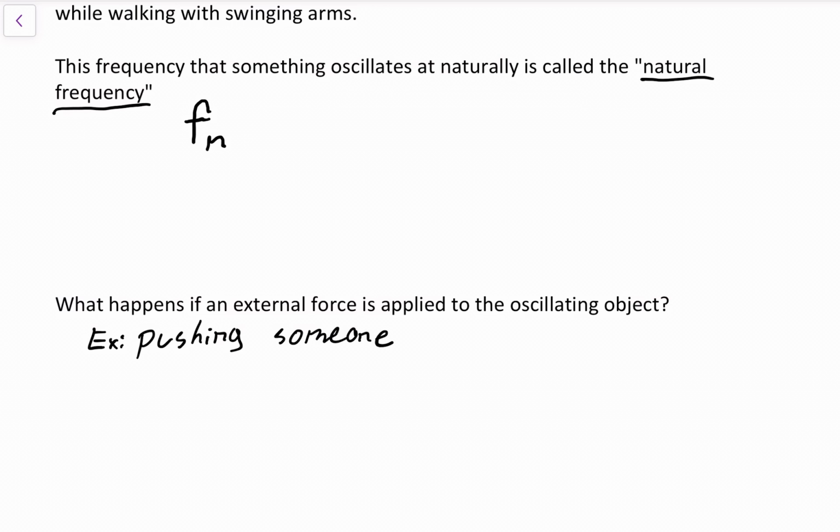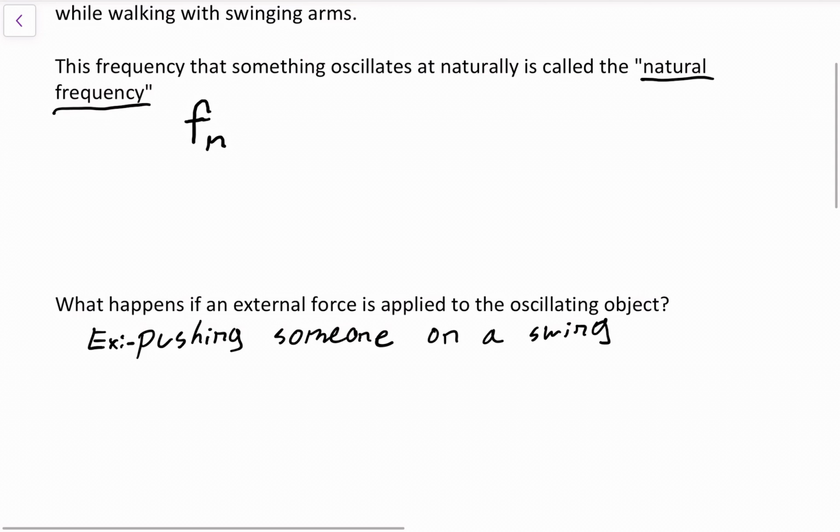When you're doing this, you are applying a force to the person. And specifically, in this case, we're going to be talking about cases where we're applying a force in sort of a repetitive manner. So for example, when you're pushing someone on the swing, you push, you let go, they come back to you, you push again, and you repeat that motion.